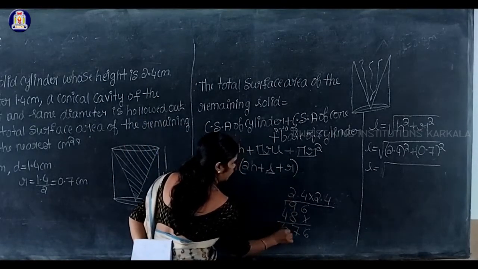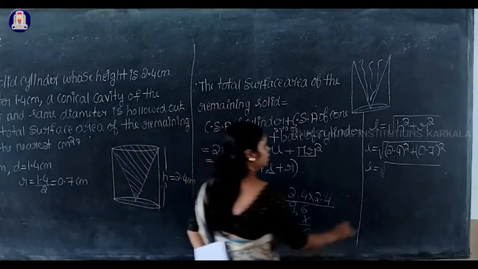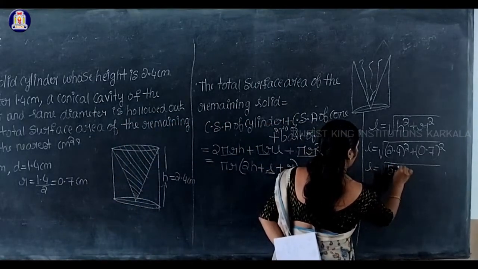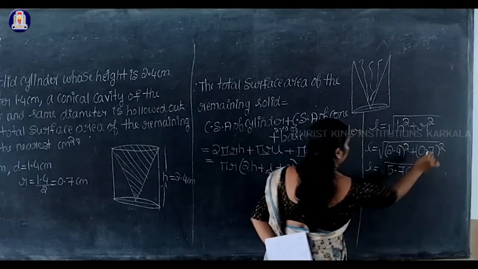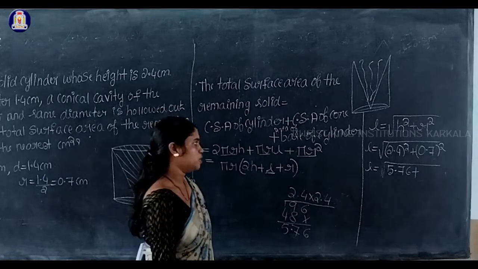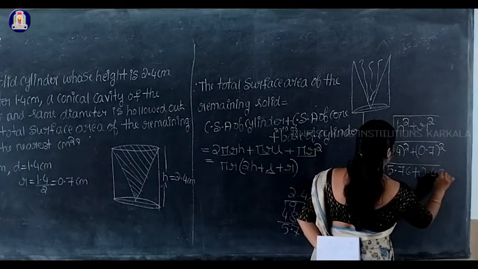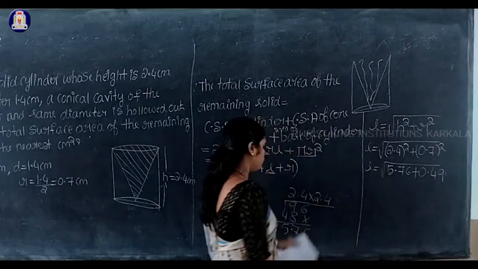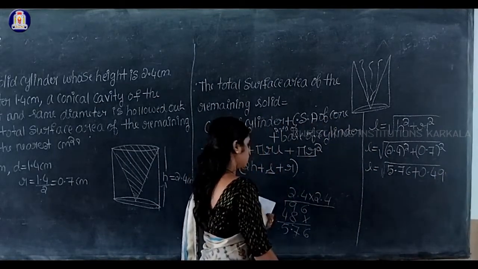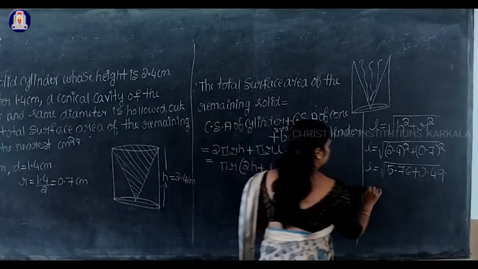So 1 carrying 5, you will get 5.76. So 5.76 plus 0.7 whole square. Directly you can write 0.49. Okay, 0.7 whole square equal to 0.49. Now add these two numbers.